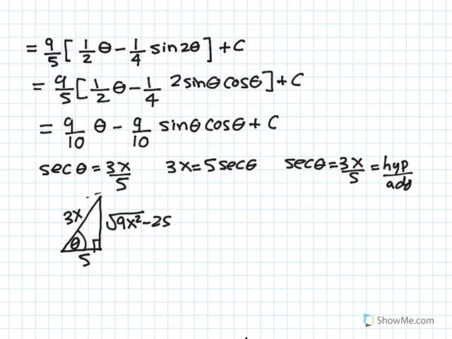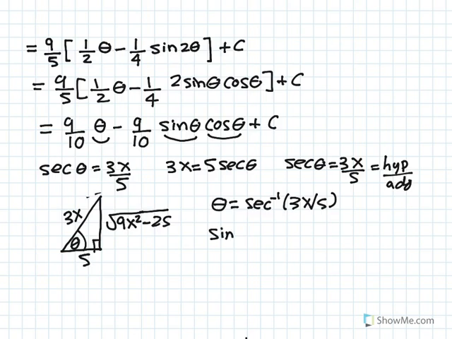minus 25. So we're going to need theta, sine theta and cos theta all in terms of x. So what is theta in terms of x? Well, theta will be easy. Just take the inverse secant of your substitution and we'll get secant minus 1 of 3x divided by 5. What is sine theta?